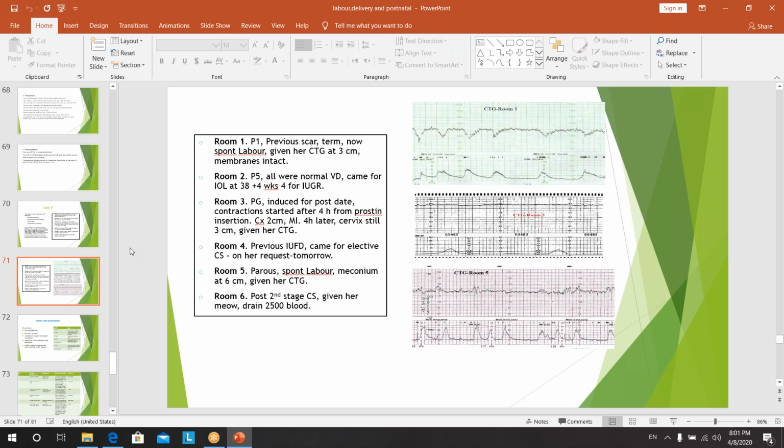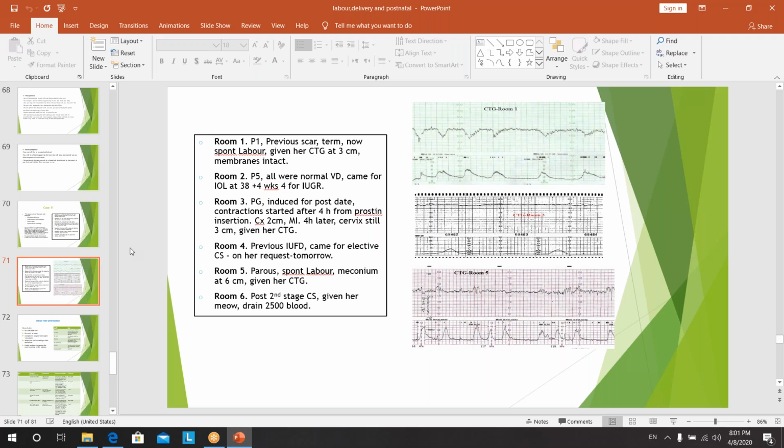So one midwife goes to tell the previous IUFD, just do her CTG and tell her that we have other high-risk cases ongoing that we have to manage, and the elective cesarean can be withheld for some time. So I go myself to room 1 and quickly, membranes intact, do her ARM, and then leave the ST2 there to monitor her progress.